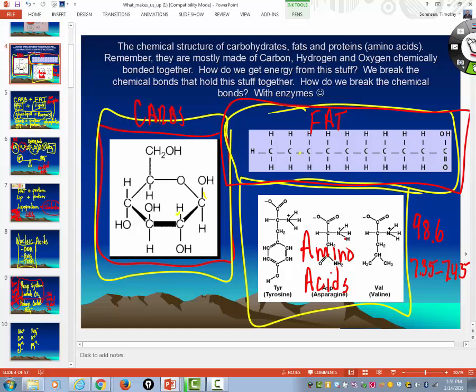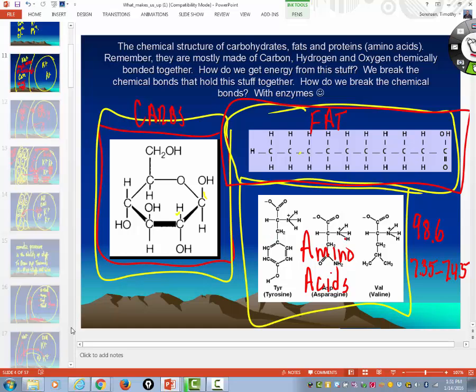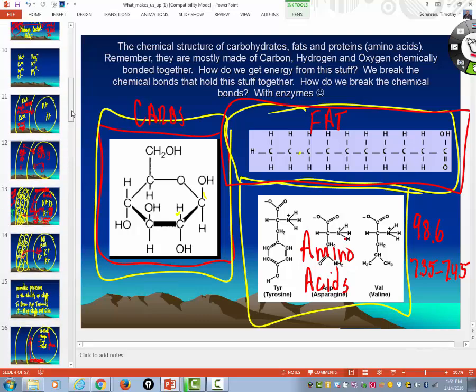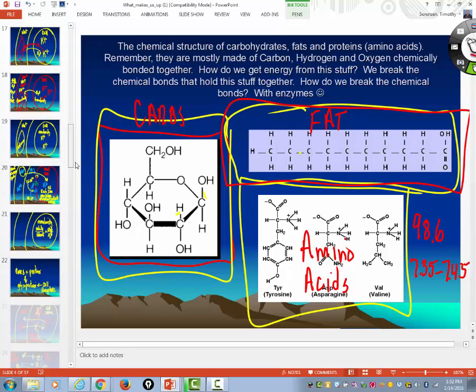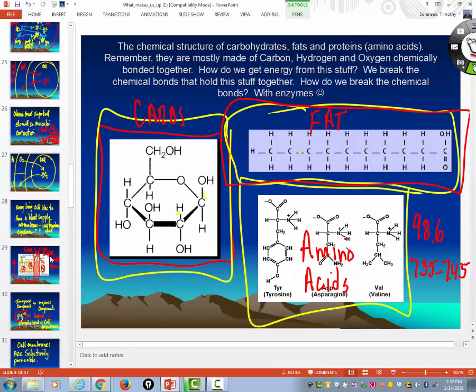So you can also take these individual organic compounds, carbs, fats, and proteins, and put those together. You can form big molecules, or macromolecules. So the body will do that.